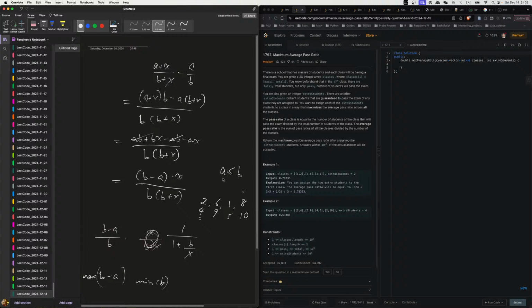So basically what you're saying is if you give the extra students to one specific class and it can produce this much extra percentage, extra ratio, then by doing this, it's always better than giving it to another one. Because this is static, right? So one of them will have the biggest ratio increase among everybody else.